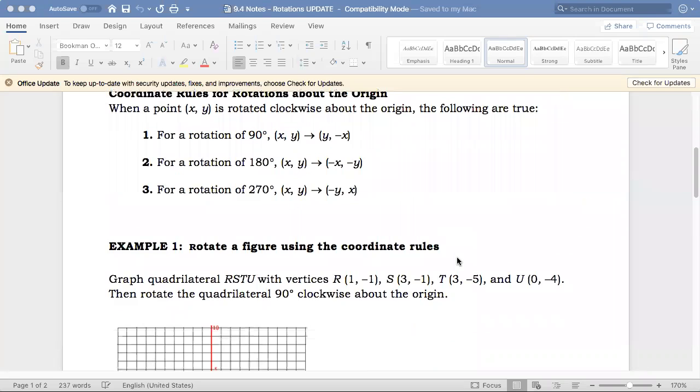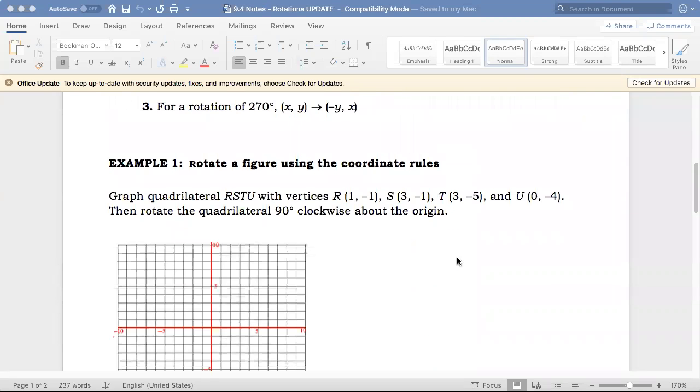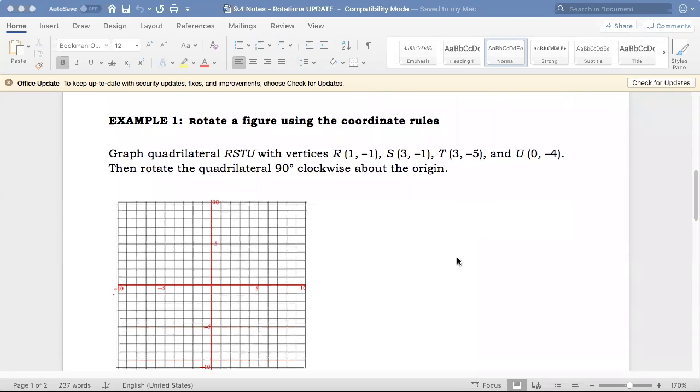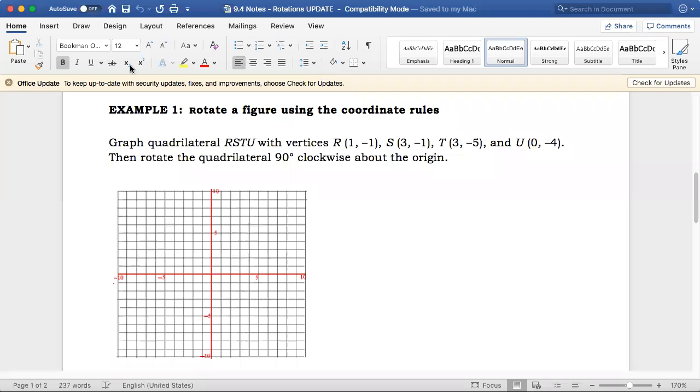So our first example here says we want to rotate a figure using those coordinate rules. So let's take a look at that. Okay, so what we're doing is we are graphing our quadrilateral RSTU with vertices. R is 1, -1.